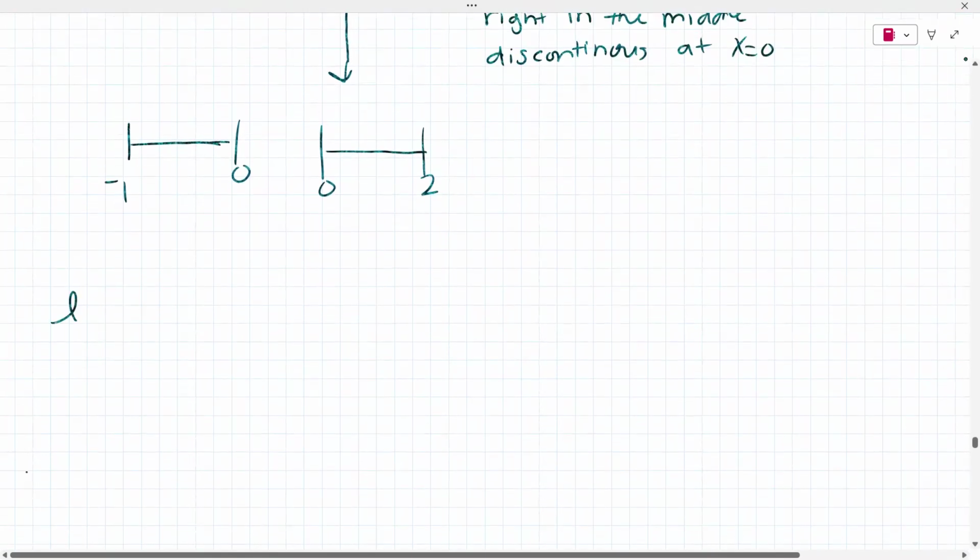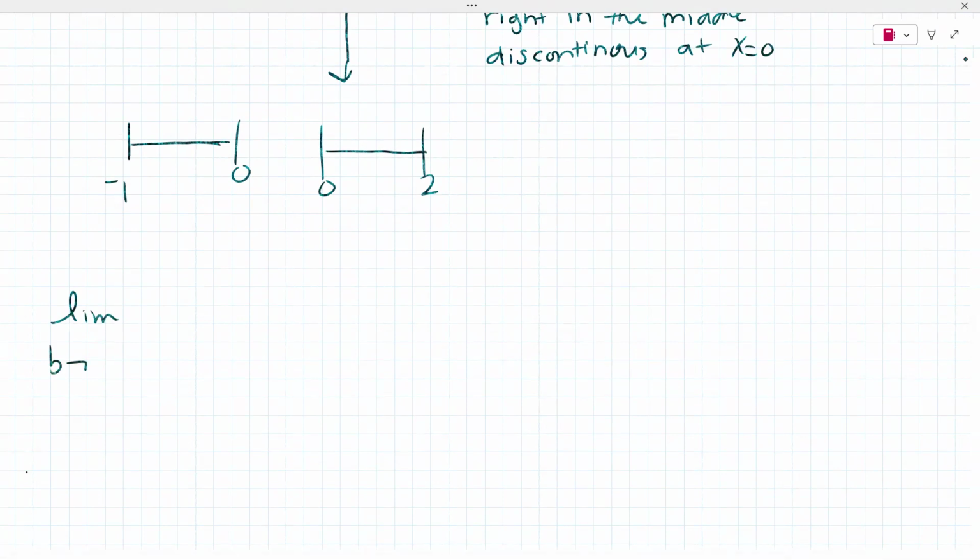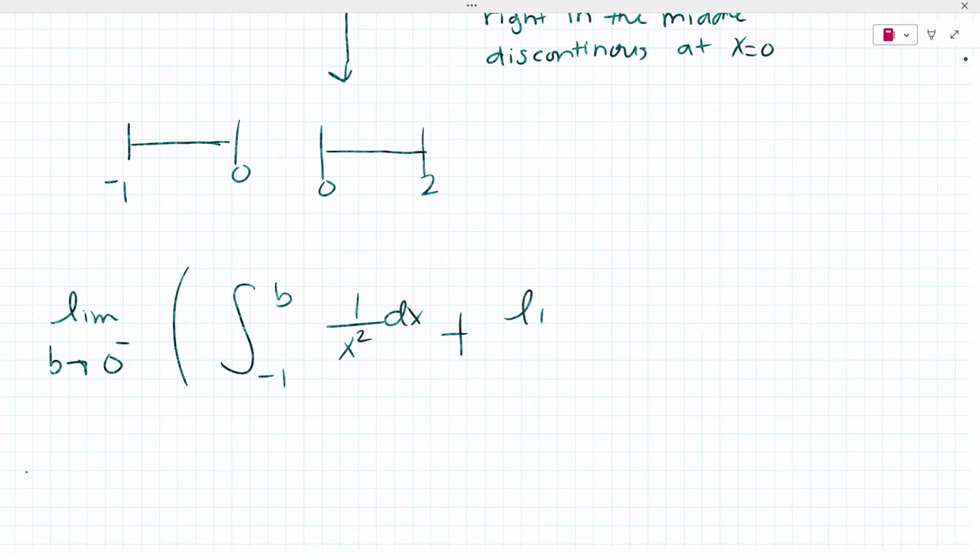You can say the limit as b goes to 0 from the left of the integral from -1 to b of 1 over x squared dx, plus the limit as a approaches 0 from the right of the integral from a to 2 of 1 over x squared dx.